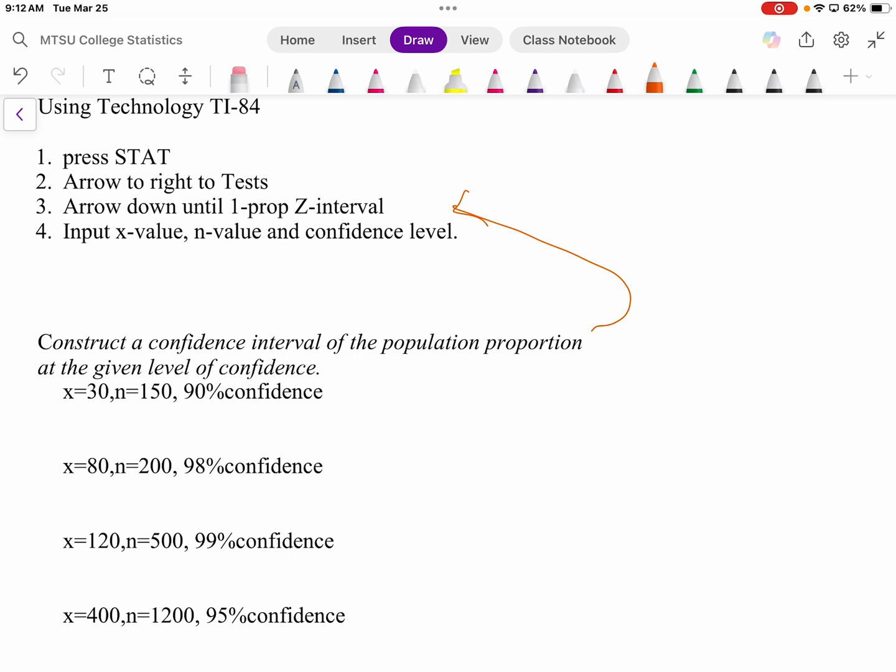So we are doing a one prop, for proportion is what prop stands for, one prop Z interval. And we're going to have to type in what is the X value, which is 30. What is the N value, which is 150. Usually we have to pull it out of word problems. And our C level is 0.90.